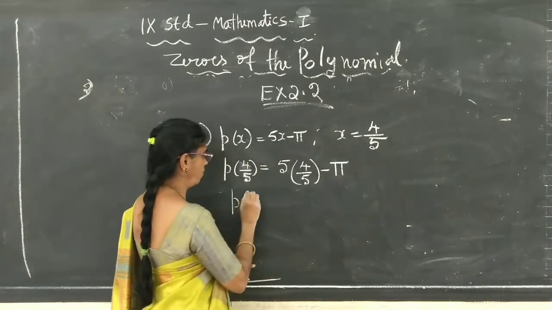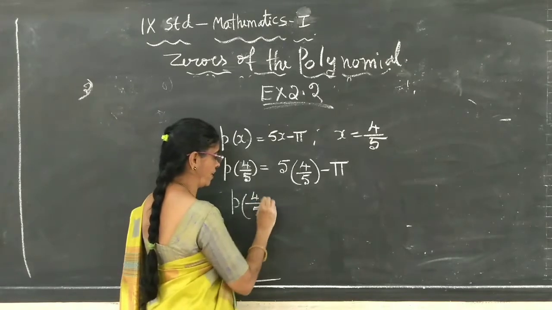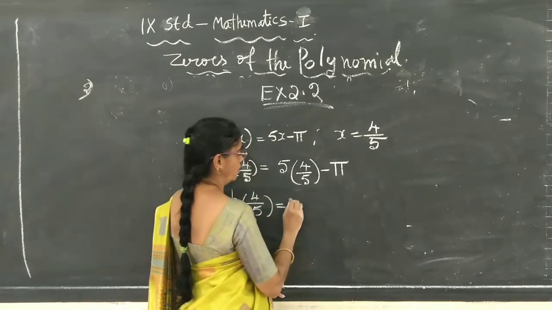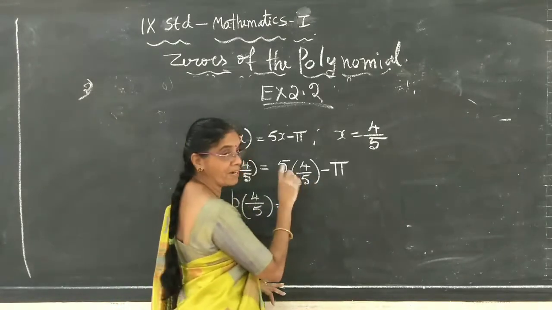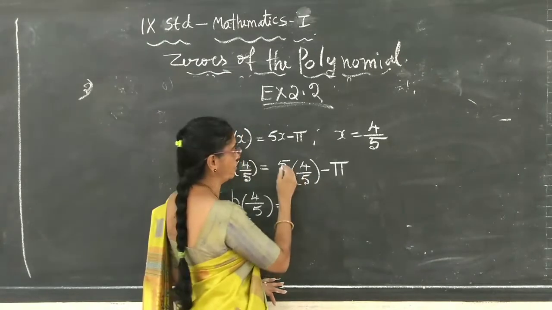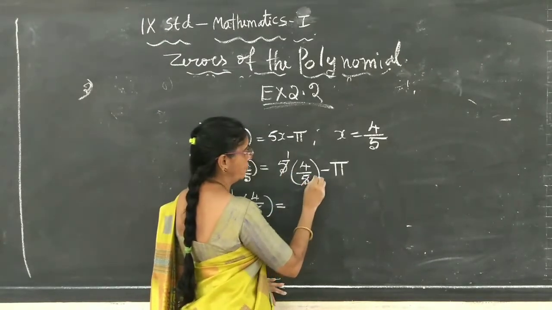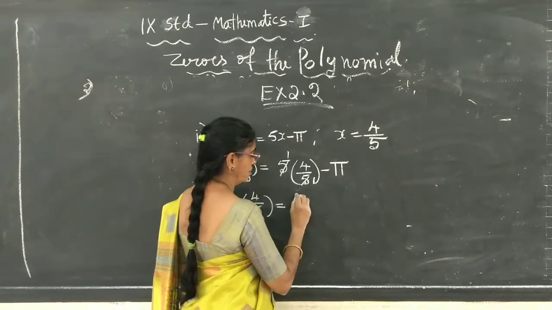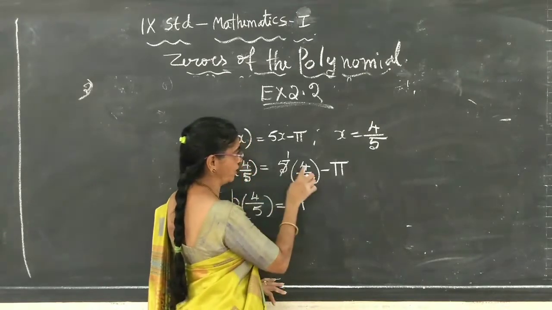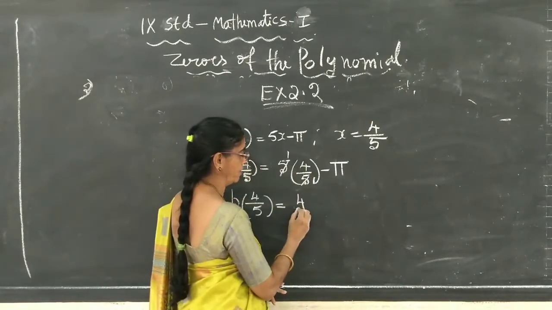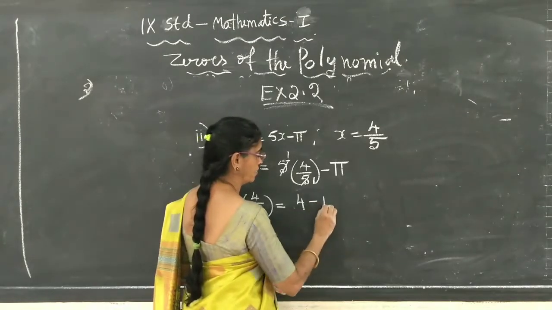Now the value of the polynomial at 4 by 5 is equal to, now you can multiply and divide, or you can divide first also. You can do it this way: 5 ones are 5, and so you will get 4, 4 into 1 by 4, so 4 by 1 or 4, minus pi.